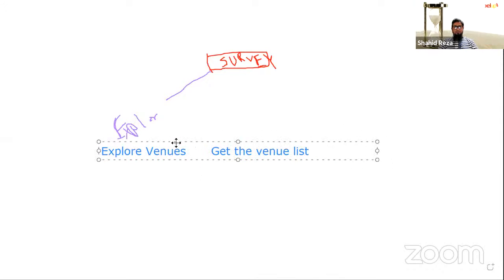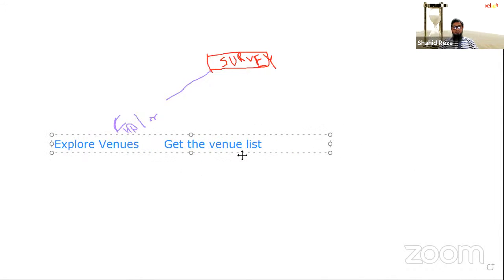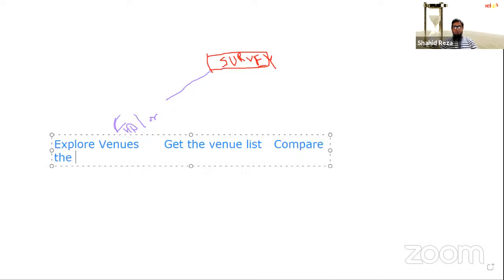Number three, compare the venues. Okay. And finally, select the venue. Right?